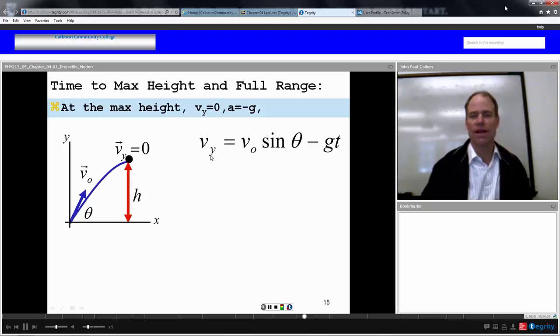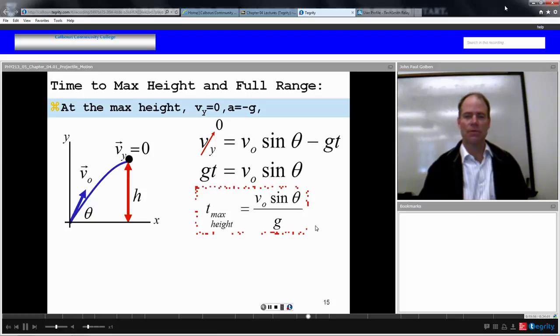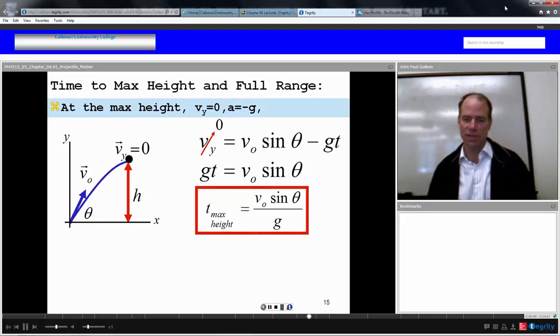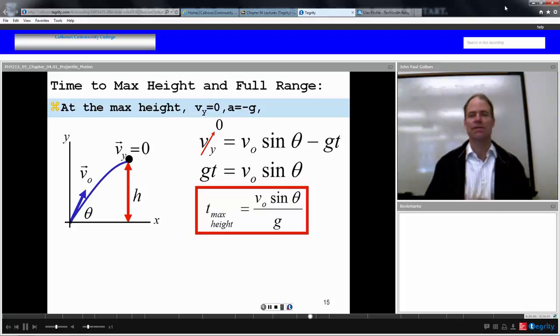We can write that as v final, Vy, is equal to our initial velocity, v naught sine theta, plus a negative g times time. Our final velocity is 0. Solve this for time, and time will equal our initial velocity sine theta divided by g. That's the time it takes to get to maximum height.